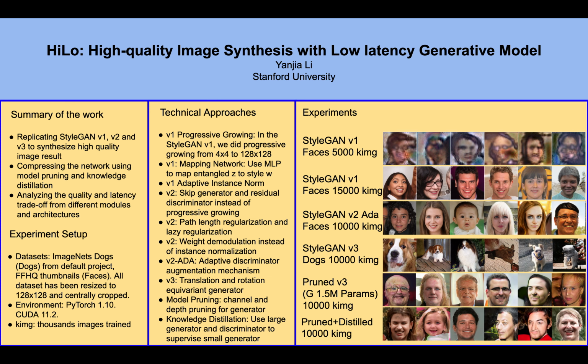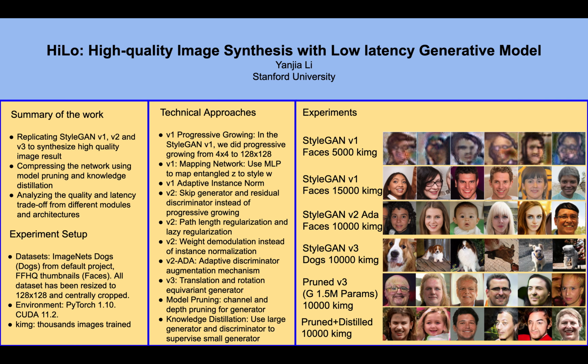And also, as the paper mentions, progressive growing created some sort of hierarchy positioning for the features. So in order to get rid of this constraint, I also removed the progressive growing in V1 and used the skip generator and residual discriminator for the architectures.